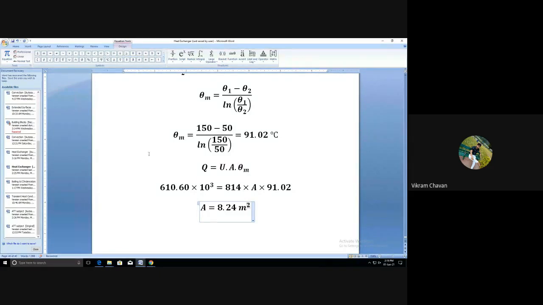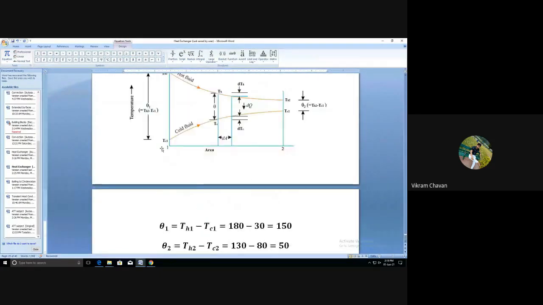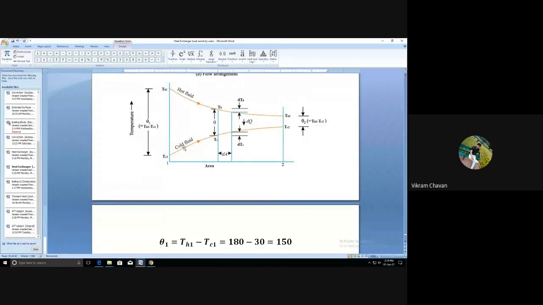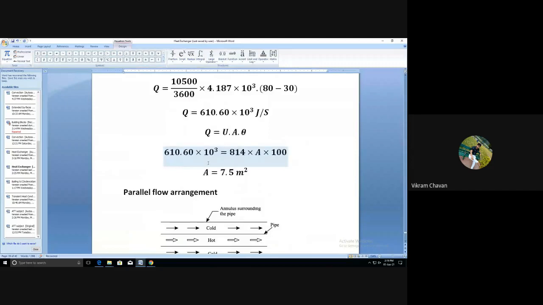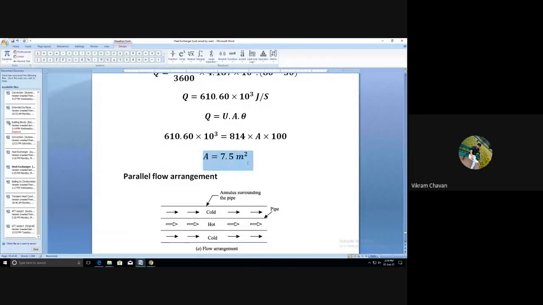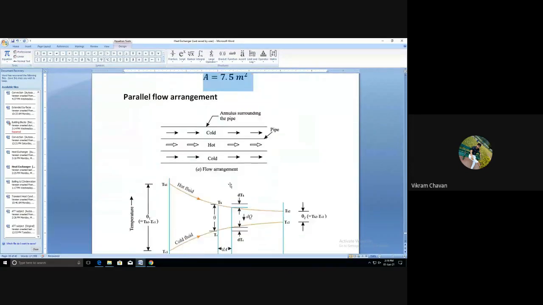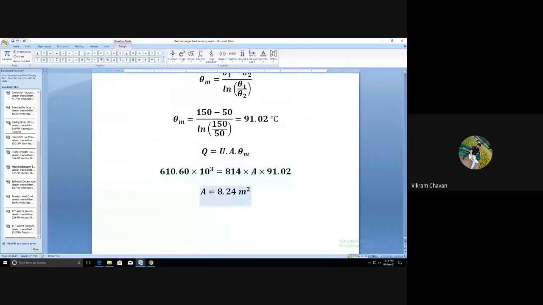So here, for the same thermal or temperature conditions, in case of a counter flow heat exchanger the area required is 7.5 meter square to transfer the same amount of heat, and in case of a parallel flow arrangement the area requirement is 8.24 meter square.